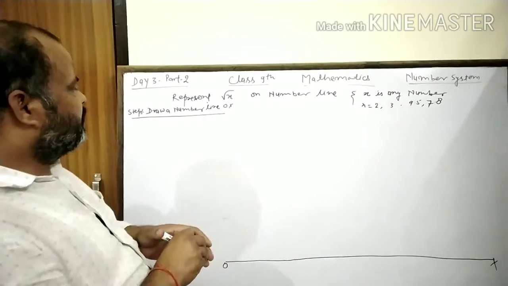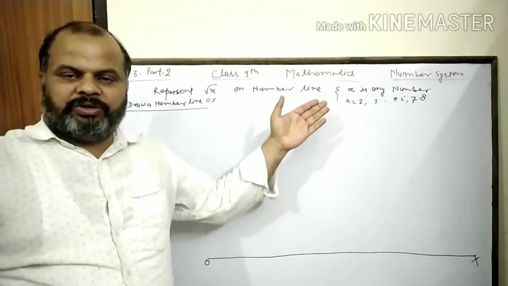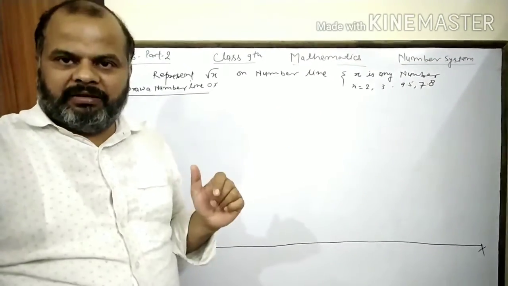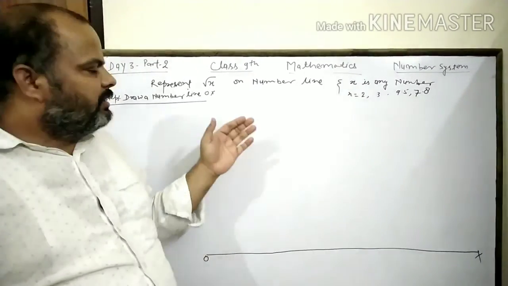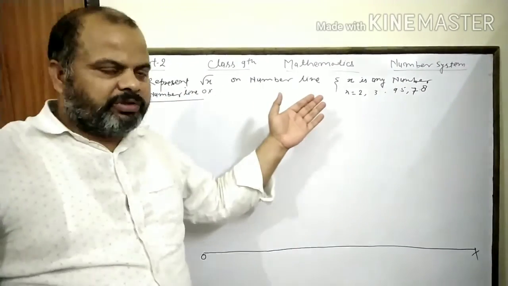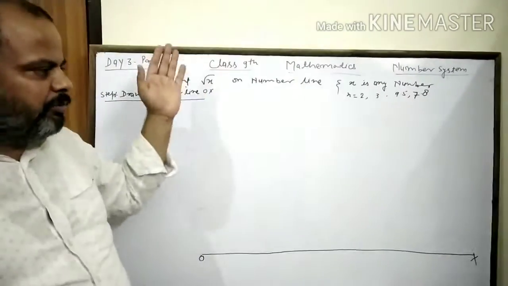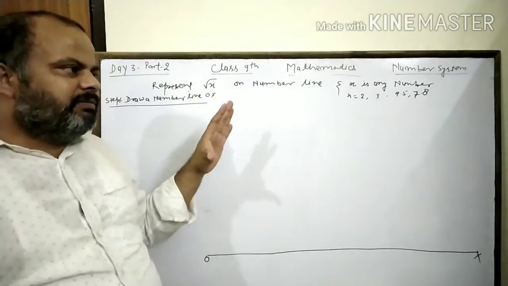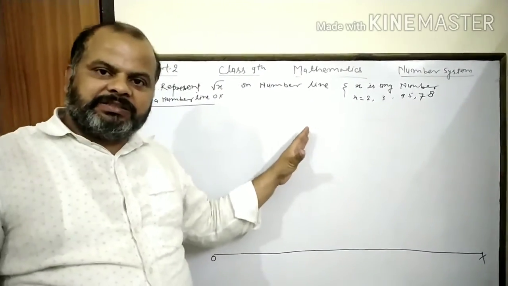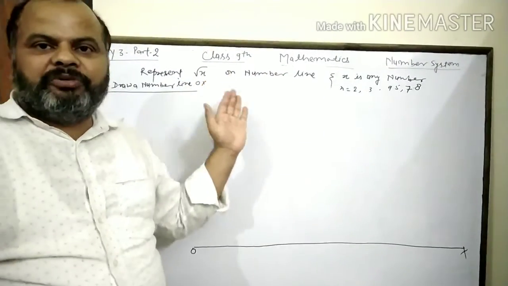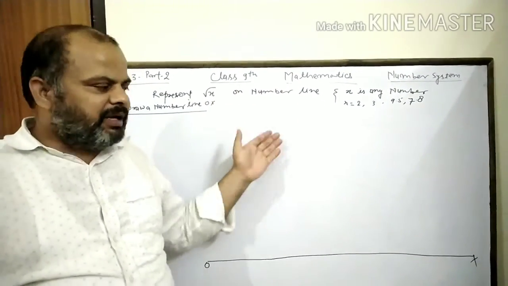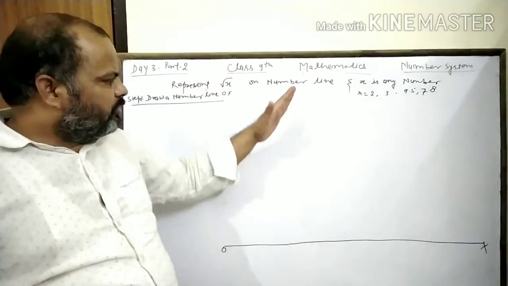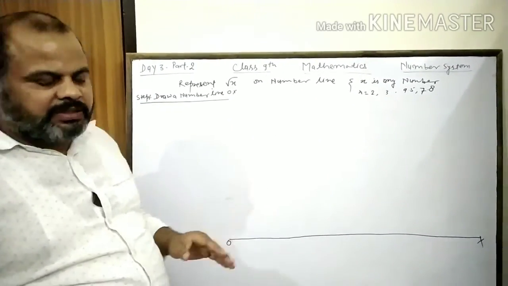Because under root 2, under root 3, under root 5, under root x have no proper scale. Then we make our distance equal to the given number which is in the root. Clear? Then we measure this distance and represent it on the number line. So we do the same process.